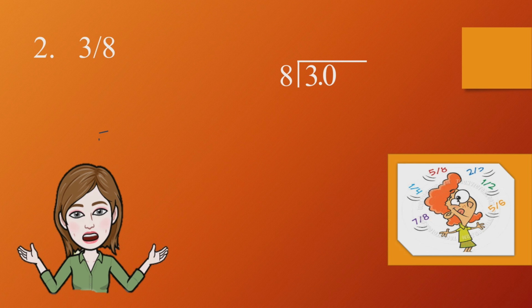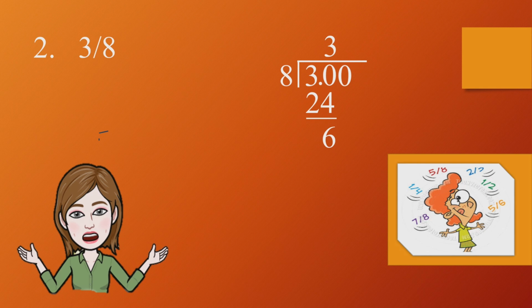So again, let us ignore the decimal point. So divide 30 by 8, that is 3. And then 3 times 8, that is 24. And then let's subtract 30 minus 24, the answer is 6.